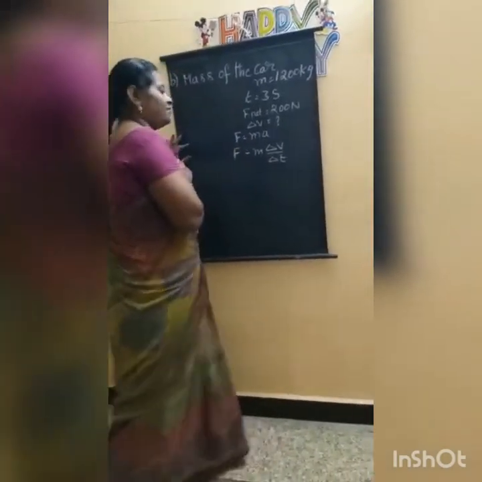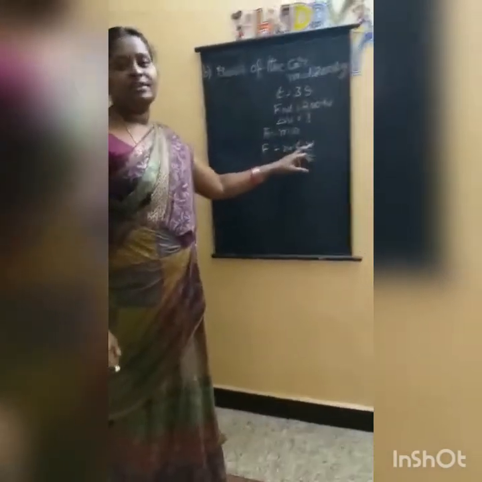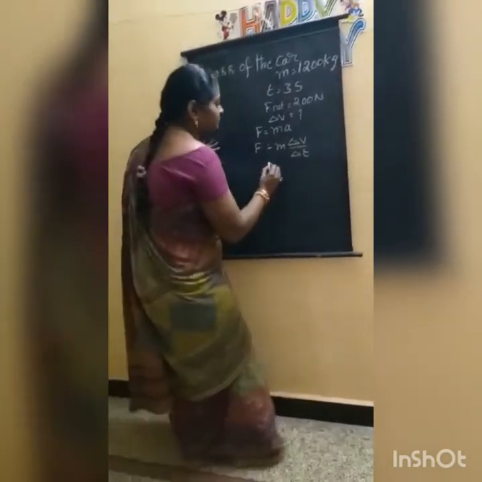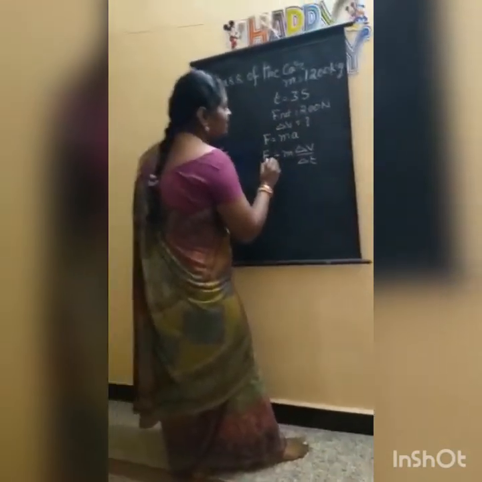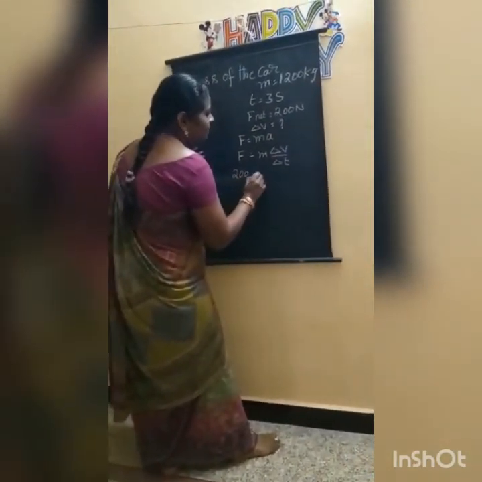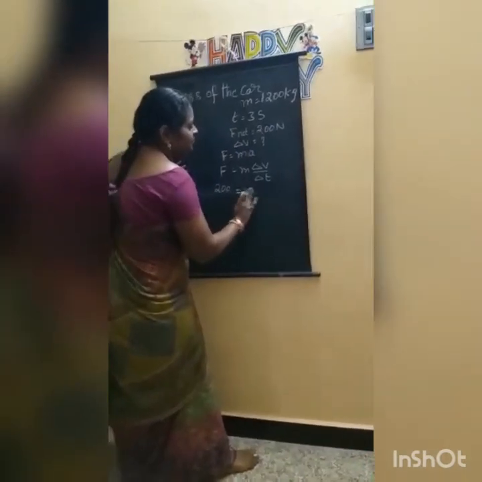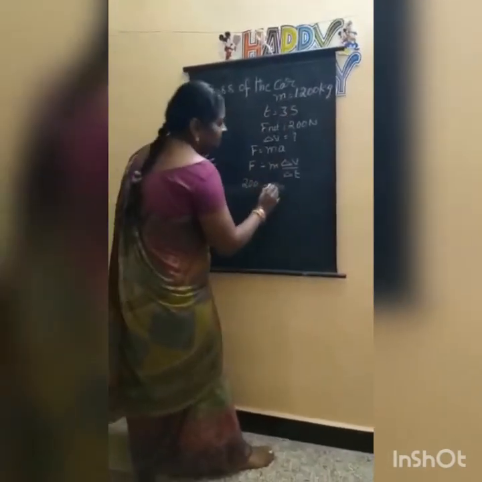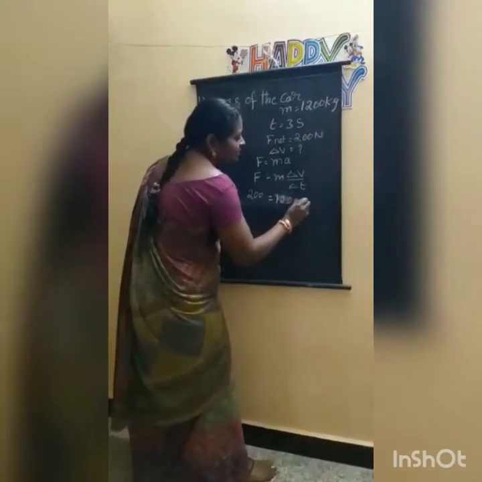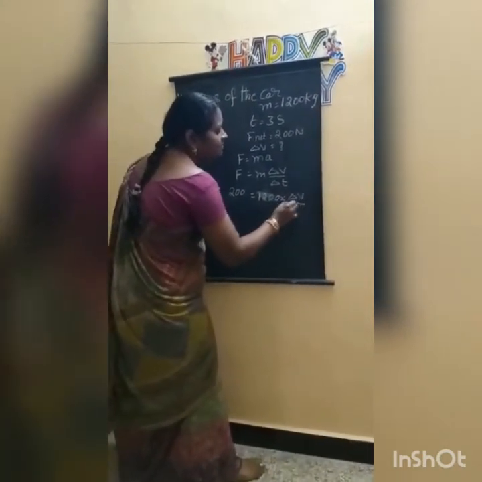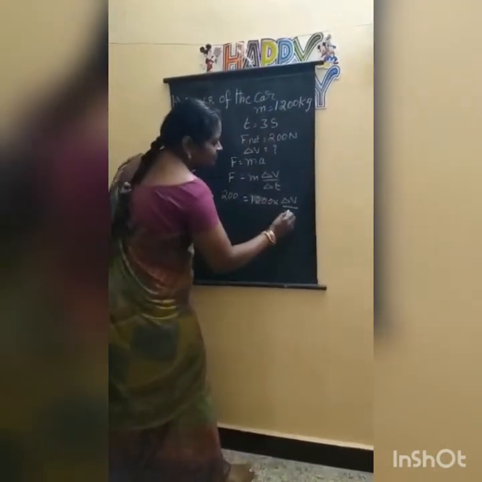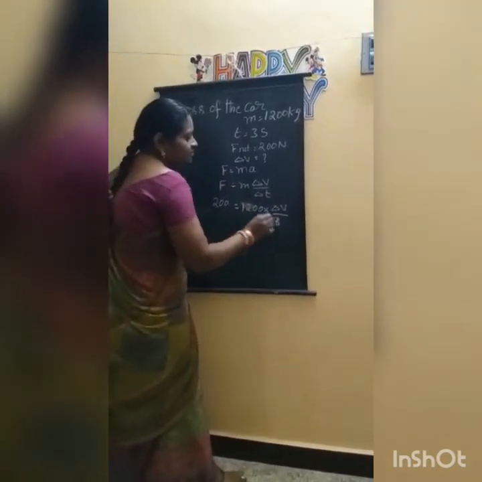This is F. We find out the change in velocity, that is delta v. What is the value of F? 200 equals m. What is the value of m? 1200 kgs, delta v by what is the value of time? 3 seconds.